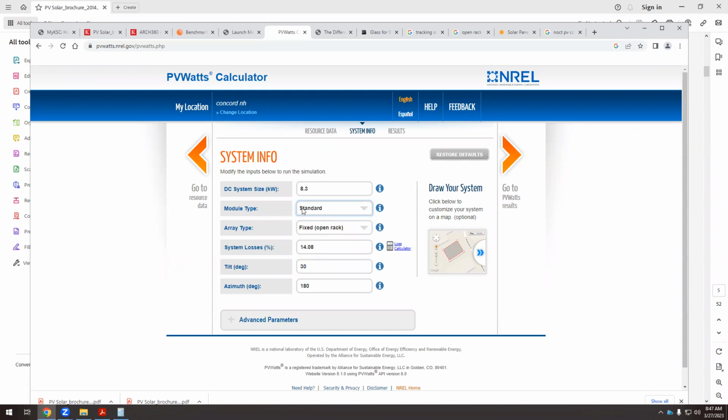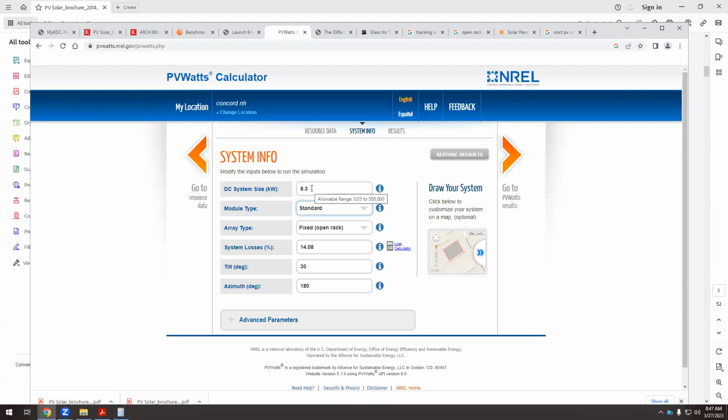If we are less optimistic, we can select the standard. We can select if it's an open rack or a roof mounted array. That's easy. And the system losses, we can leave the default percentage. That's fine. But the DC system size is something that we have to understand.